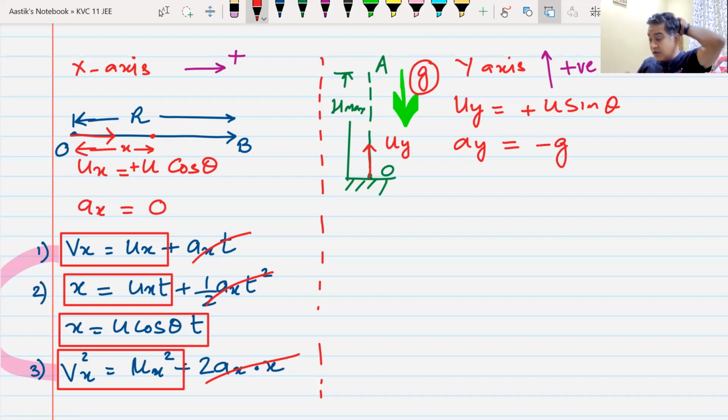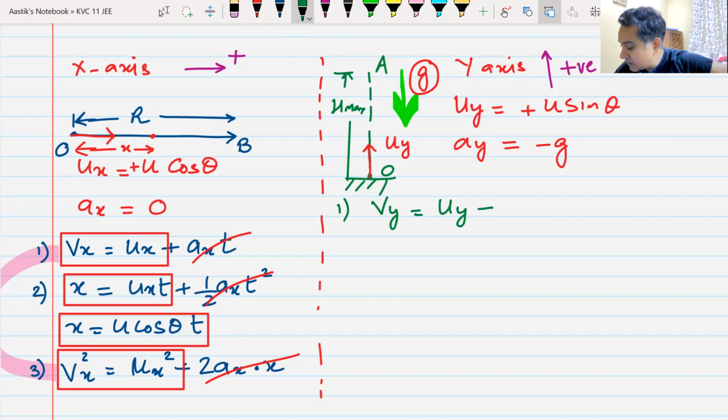Now I can write the equations number 1, 2, and 3. What will equation number 1 be? Final velocity along y will be equal to uy plus ay into t. ay is minus g, so I can write it as minus g into t.